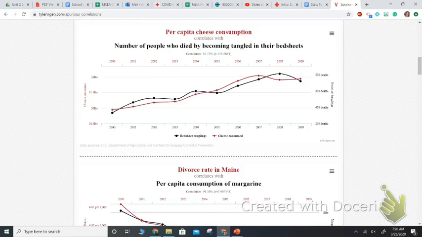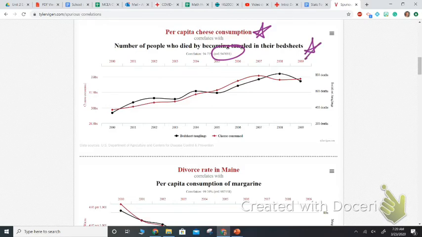So here, this one, we've got this R value of 0.94721. And with this data, people might try to argue that as cheese consumption increases, then people are more likely to die by getting tangled in their bed sheets.